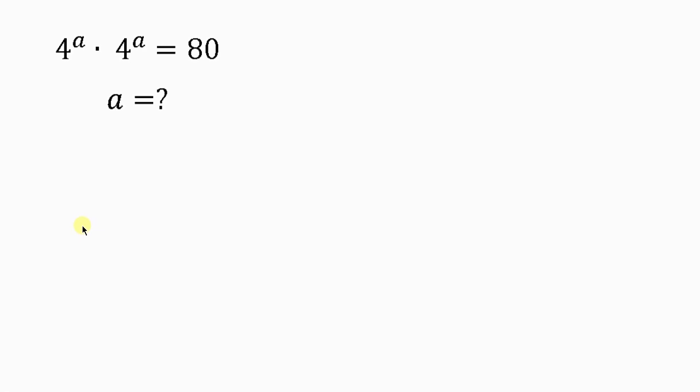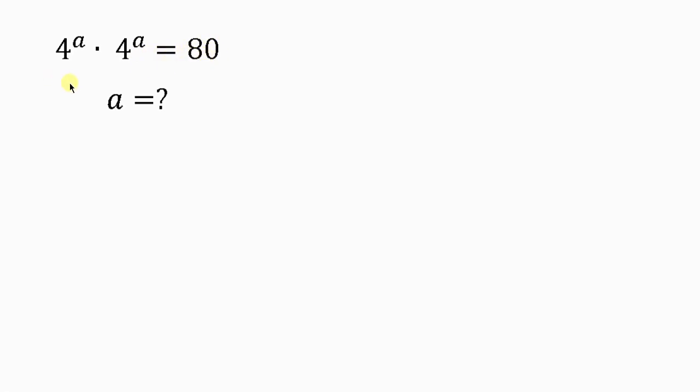We have a fantastic question on the board that we're going to be solving. The question says, find A for which 4 to the A times 4 to the A is equal to 80.